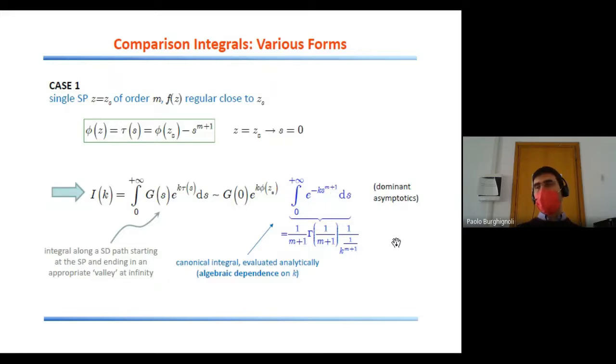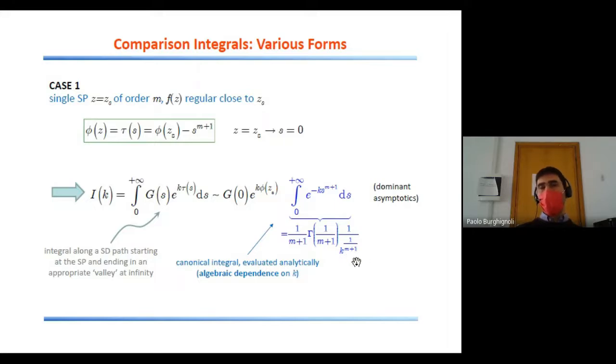This is a canonical integral that can be evaluated analytically, and the result is an inverse power of k. In addition, there are some constants, as you can see, 1 divided by m plus 1, and the gamma function evaluated at 1 divided by m plus 1. But the interesting part is the dependence on k, which is the inverse power of k, the power being 1 divided by m plus 1.